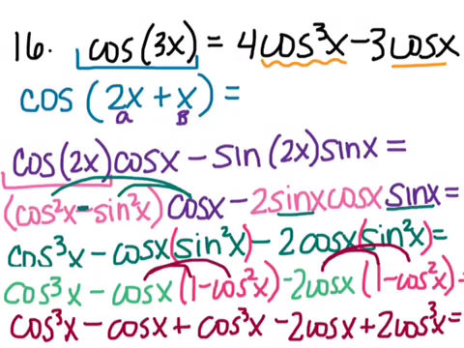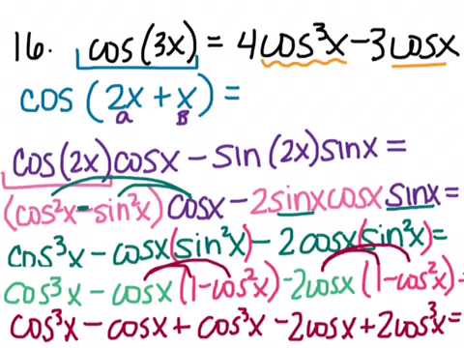So there we are in great shape, and now we just need to combine our like terms. I have 2 cosine cubed here at the end, and I have 2 other cosine cubes in the middle. You go ahead and combine the like terms as well. So that gives me 4 cosine cubed. And what else do we have going on here?